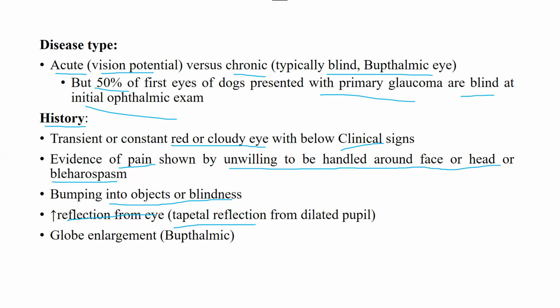At night, there is going to be increased tapetal reflection, because in glaucoma the eyes are going to be dilated. Then there is going to be globe enlargement, that is the eye is going to be buphthalmic. There is going to be a big eye. So that is one of the important ones. So these all are the signs that are going to be the history signs.